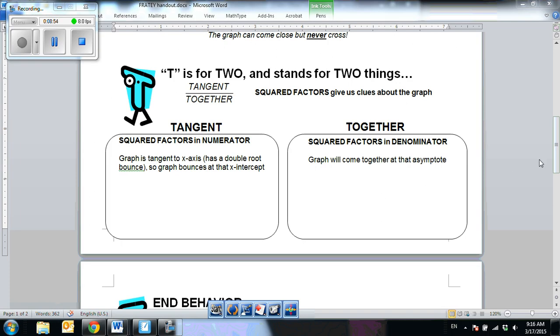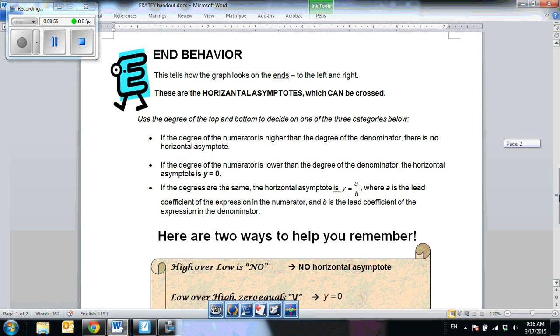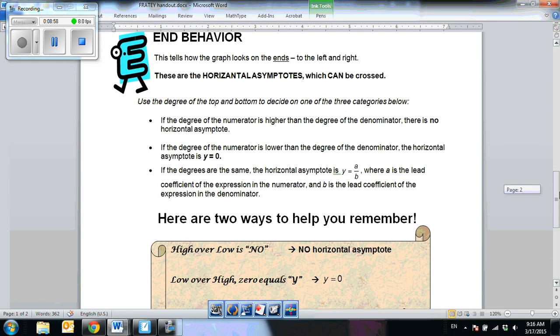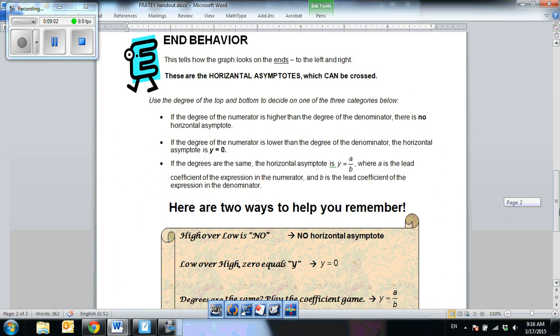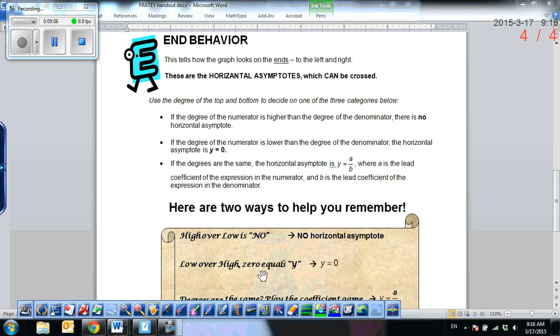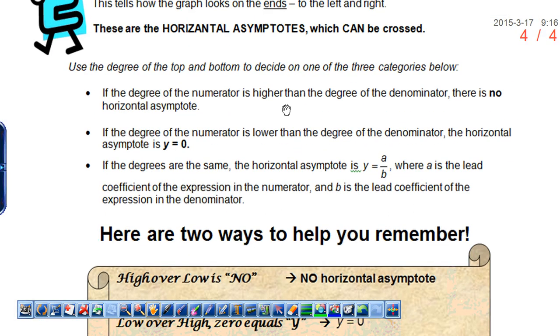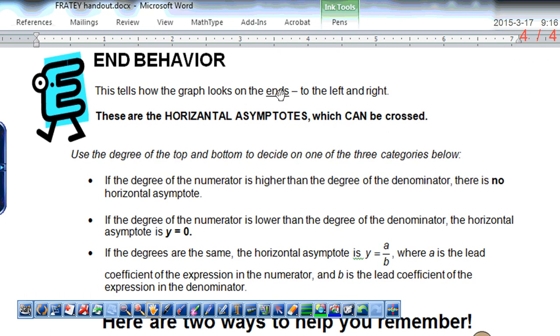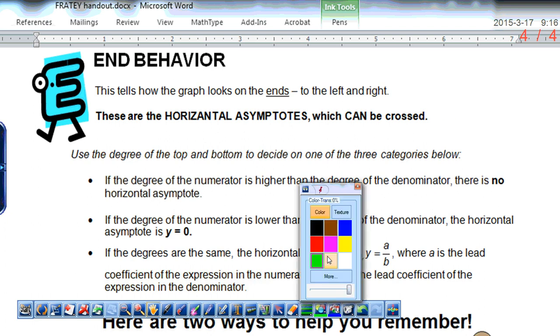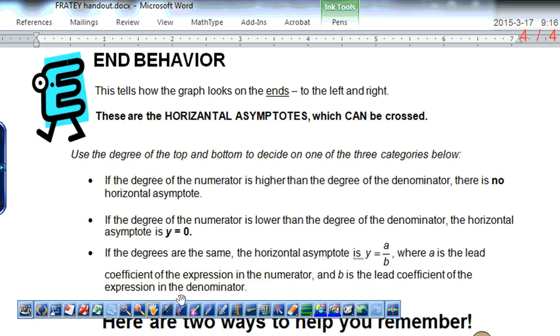The E in Frady stands for the end behavior of the graph. When we talk about end behavior, we are going to be talking about how the graph looks very far on the ends, as x approaches positive infinity and as x approaches negative infinity. So we are really talking about the ends of the graph, not what's happening in the middle.